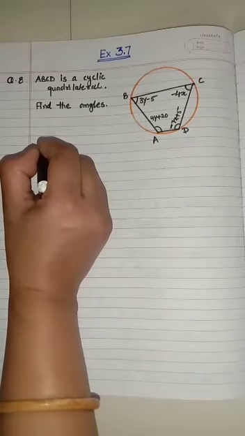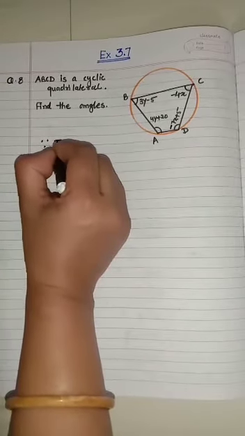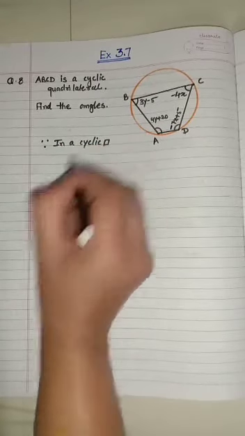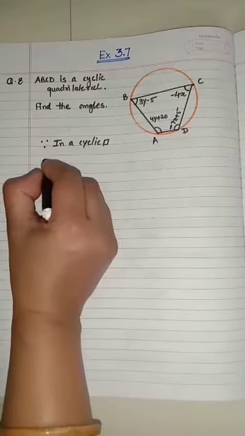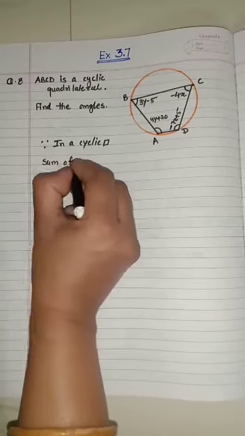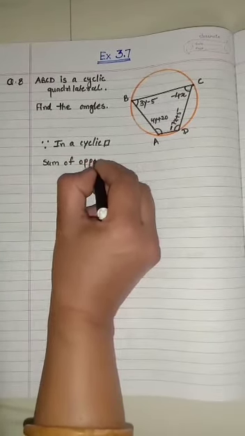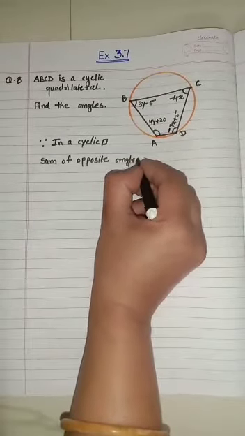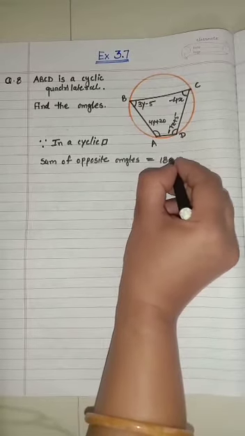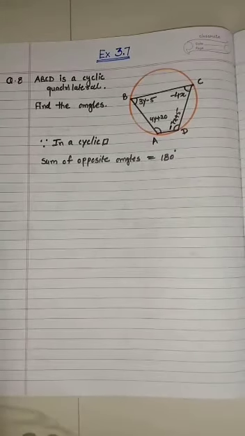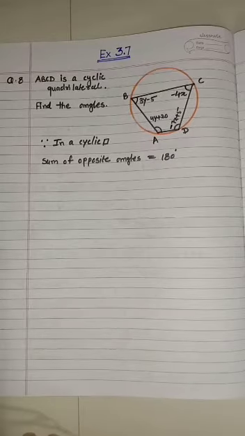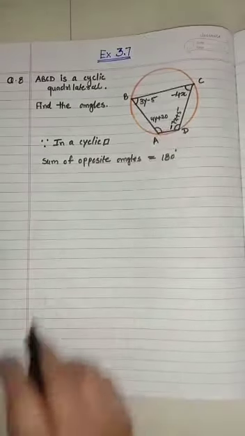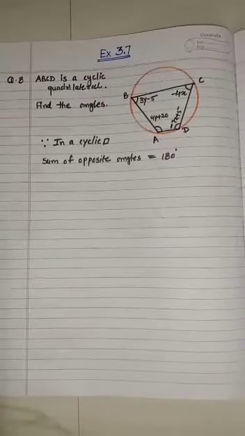Yes, as we know that in a cyclic quadrilateral, the sum of opposite angles is equal to 180 degree. It means opposite angles are supplementary, as we learned in class 9th also. So we will apply this property for finding the values of x and y.